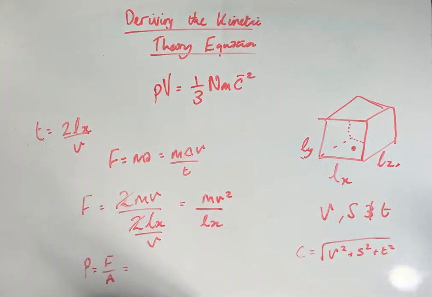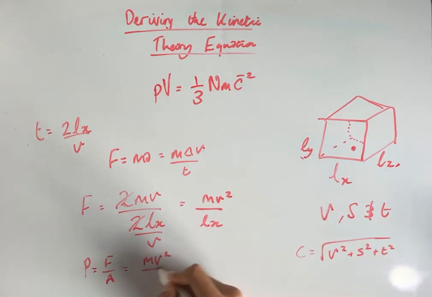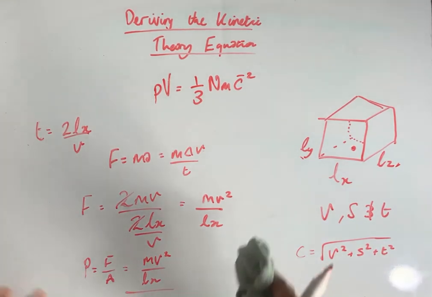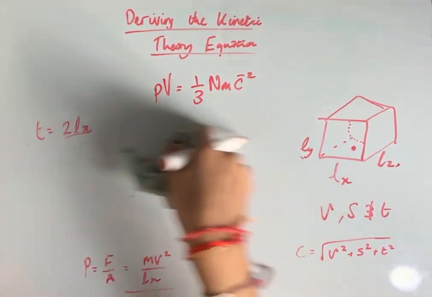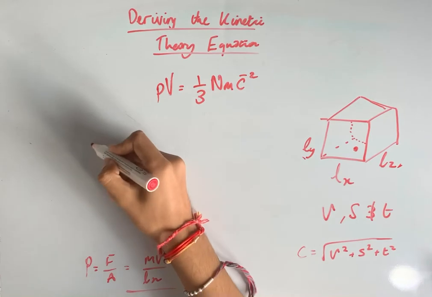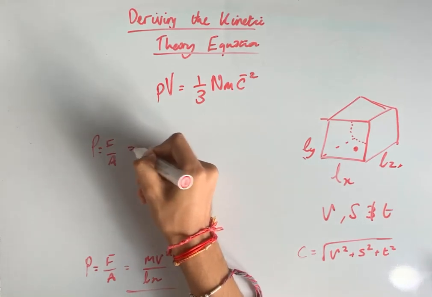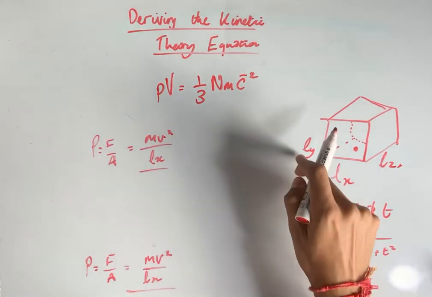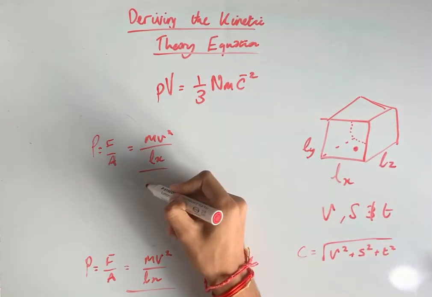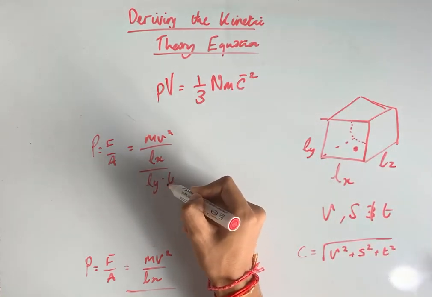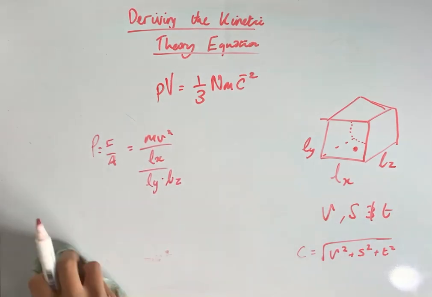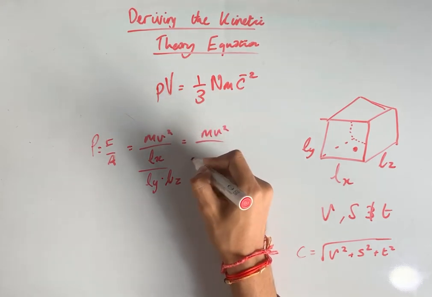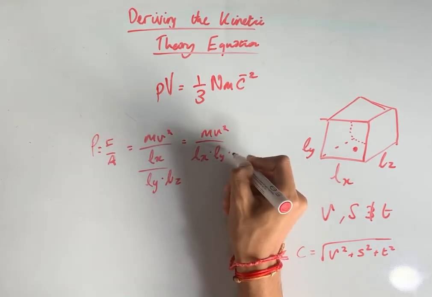So we can find that P equals F over A, which is therefore mv squared divided by Lx divided by the area, which would be a multiple of the other two dimensions, Ly multiplied by Lz. Now, simplifying this, we would find that equal to mv squared divided by Lx times Ly times Lz.